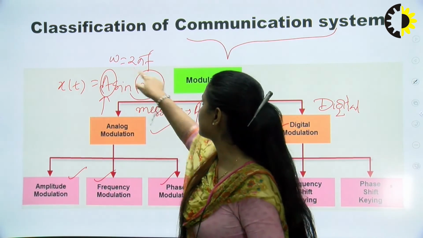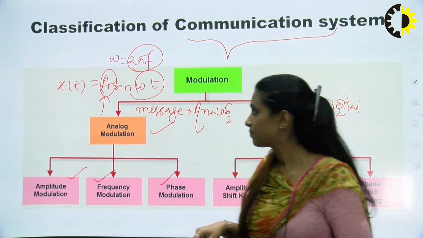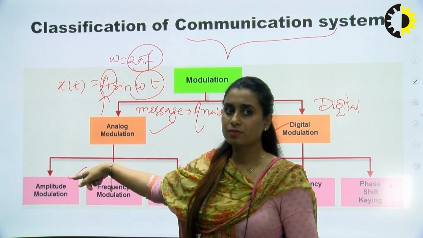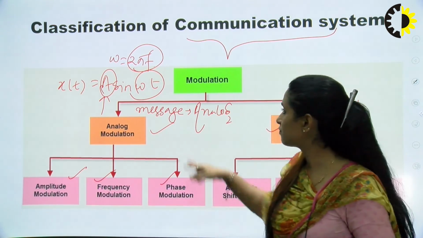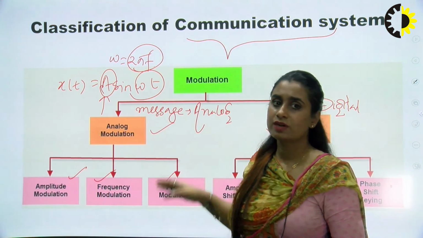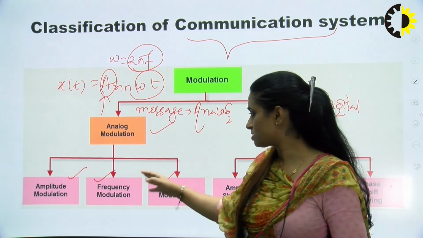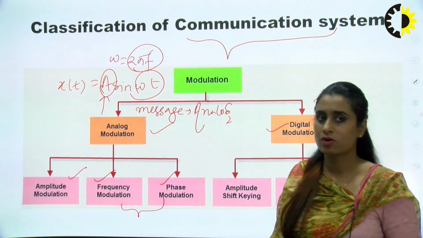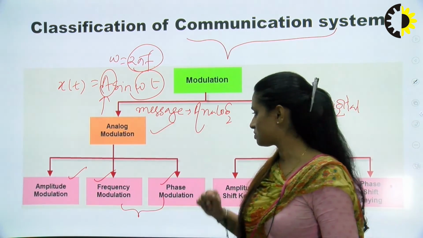It has the complete angle, it has the frequency. So when I alter the amplitude of a signal, that kind of modulation is called amplitude modulation. If you alter the angle of the signal, that includes its frequency as well as phase, this kind of modulation is called angle modulation. This can collectively be called angle modulation: frequency modulation and phase modulation.